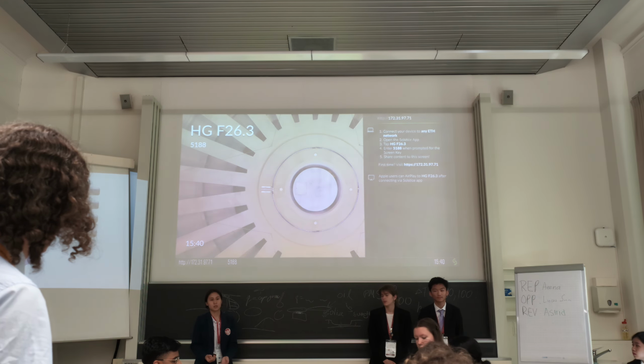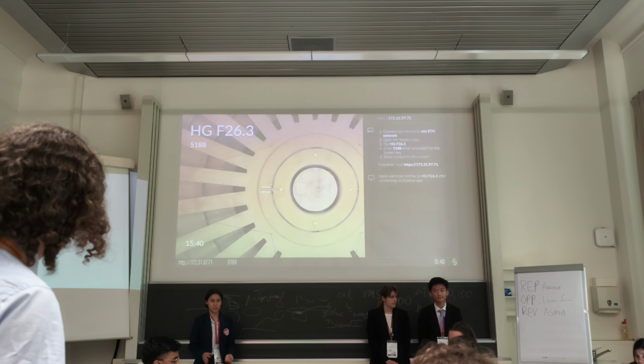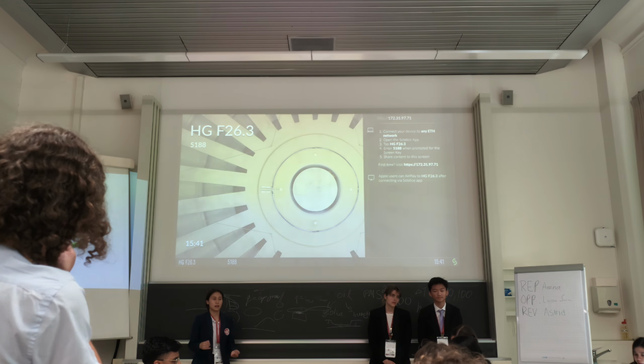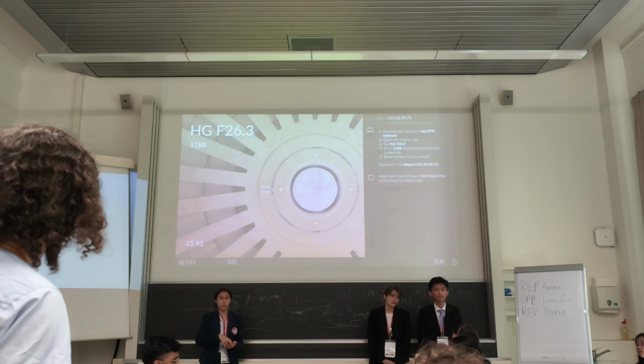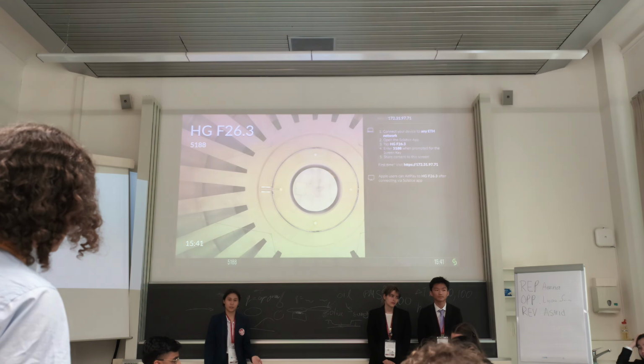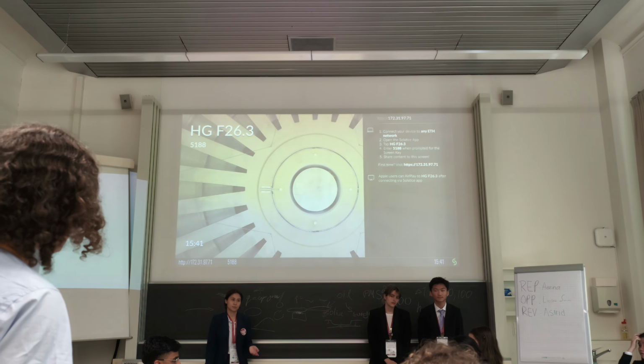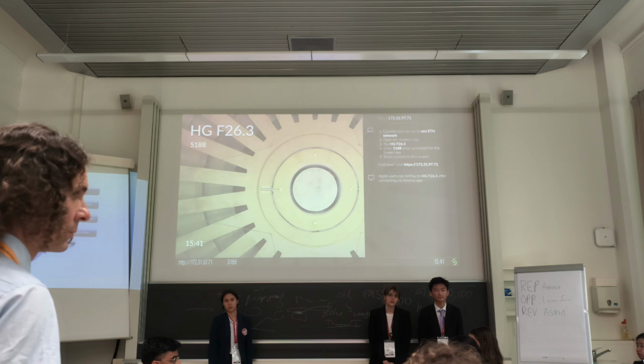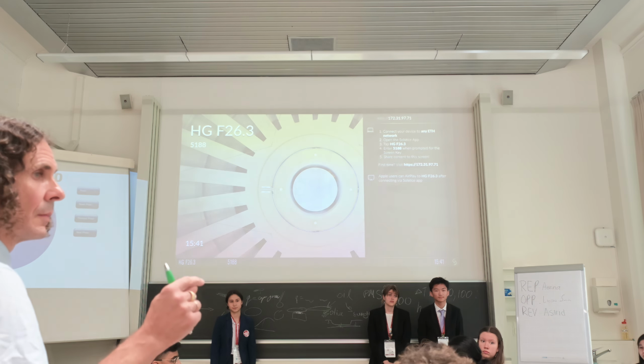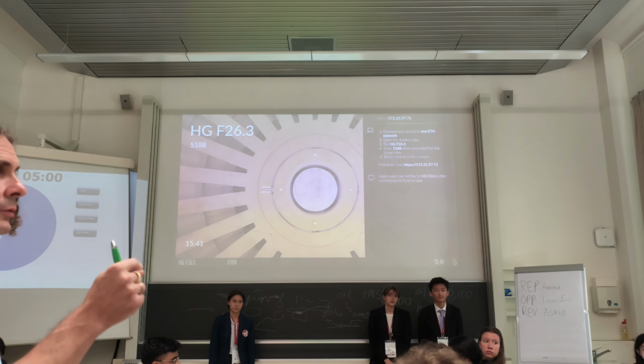So because the task was to investigate the oil on the heated surface, we do have the temperature gradient, and everything is up to the Marangoni effect. Okay, thank you. Any further questions?